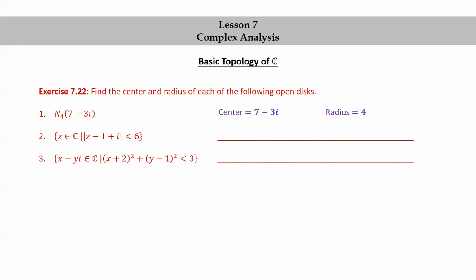The set of complex numbers z such that the absolute value of z minus 1 plus i is less than 6. The center is 1 minus i, and the radius is 6. The set of complex numbers x plus yi such that x plus 2 squared plus y minus 1 squared is less than 3. The center is negative 2 plus i, and the radius is the square root of 3.